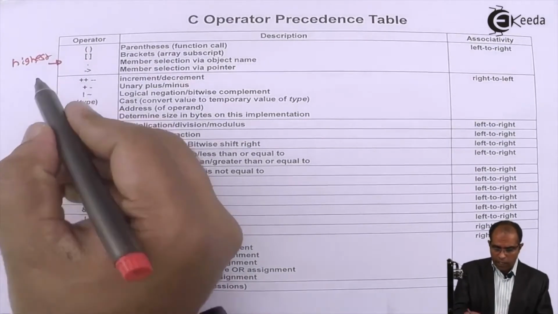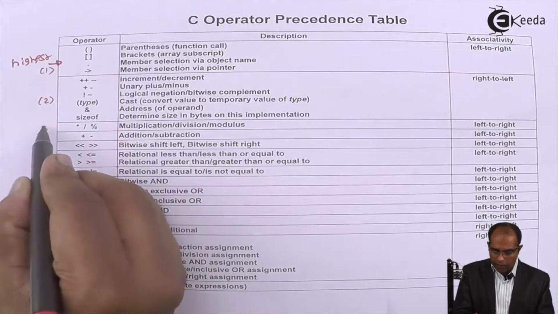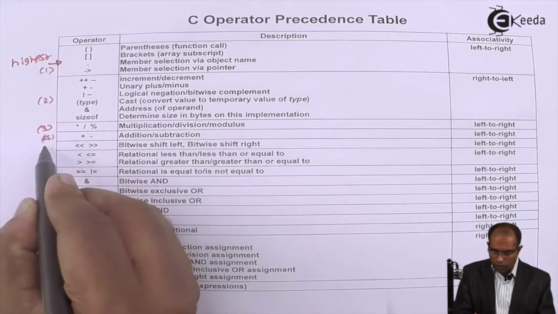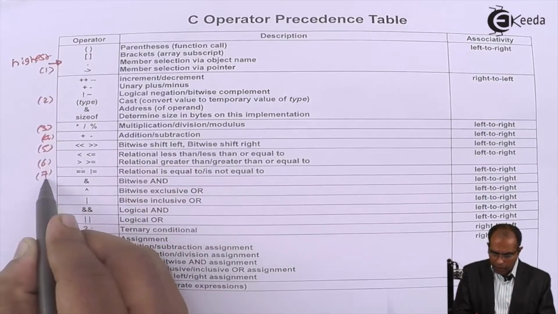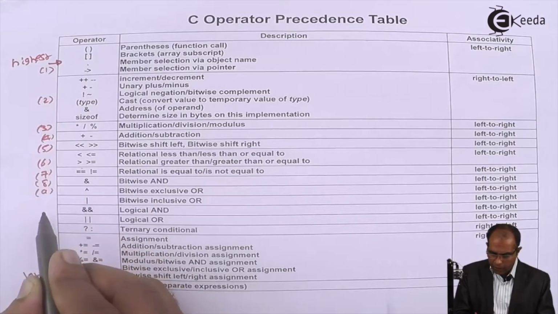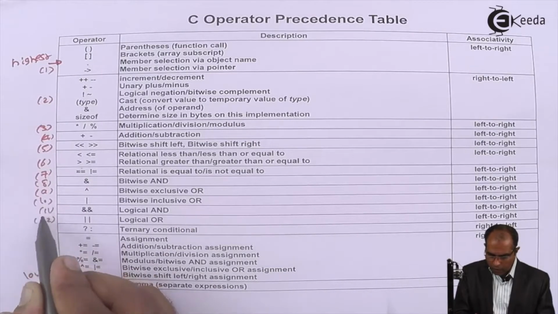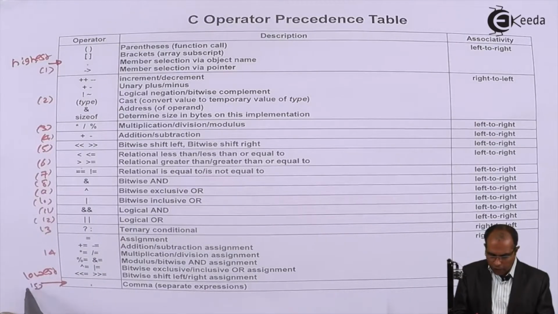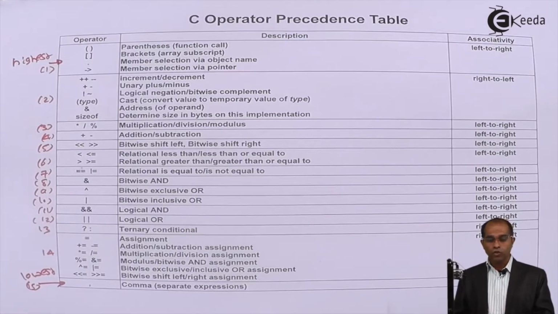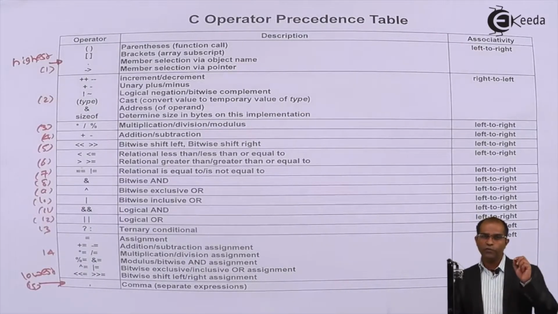So I'll classify this as level 1, this level 2, level 3, level 4, level 5, level 6, level 7, 8, 9, 10, 11, 12, 13, then 14 and finally the 15th. So the entire set of C operators is classified into 15 levels.